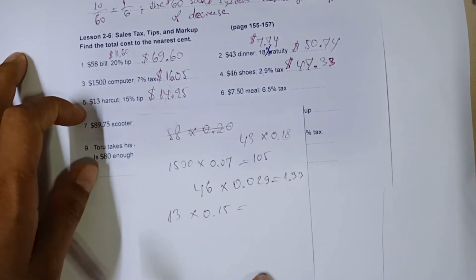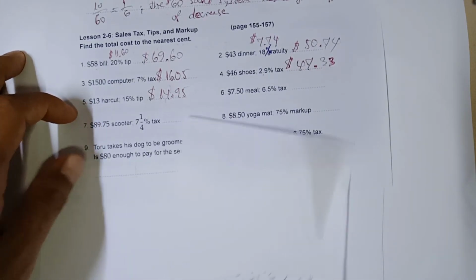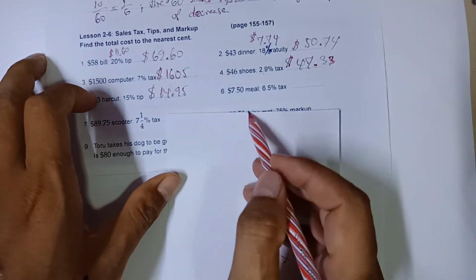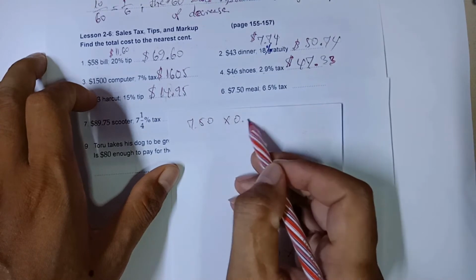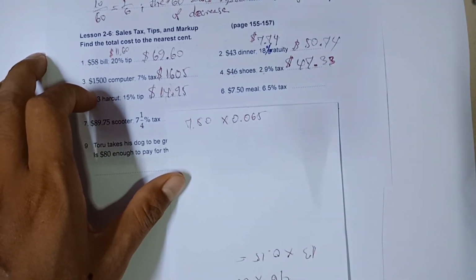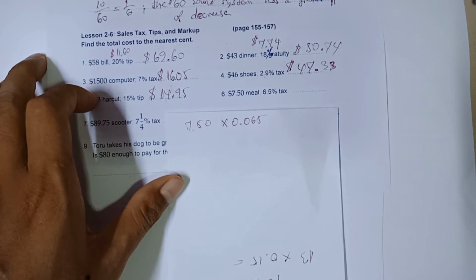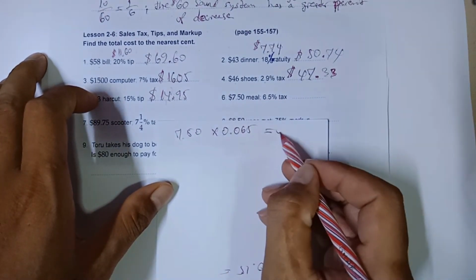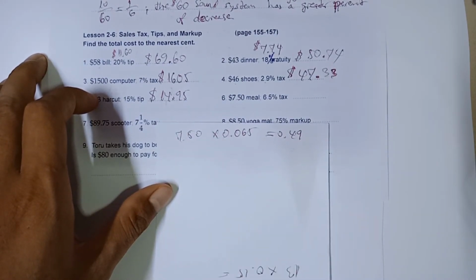Number 6, you pay 7.50 for a meal and 6.5% for tax. Try to find the value of the tax first. You multiply 7.50 with 0.065, that gives you 0.49, so $0.49, and you plus it with 7.50.